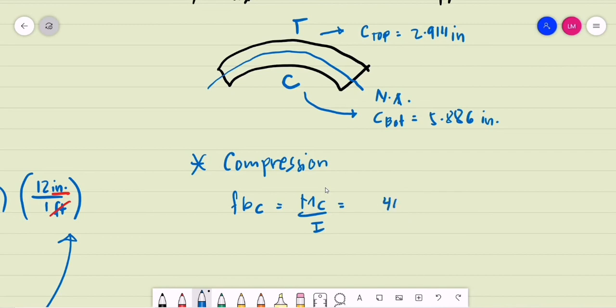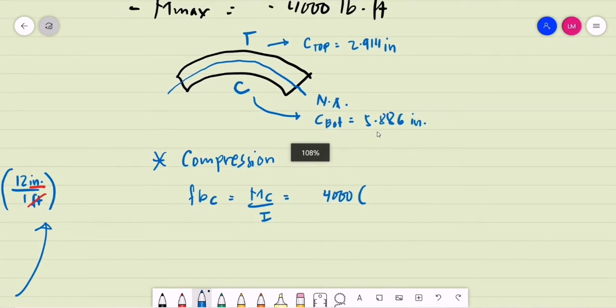I'll be using the absolute value. This is 4,000 pounds-foot multiplied by the value of C. For compression, it is the C from the bottom of the beam, 5.886 inches. We are multiplying by 12 to convert that into inches, divided by the moment of inertia, 87.491.